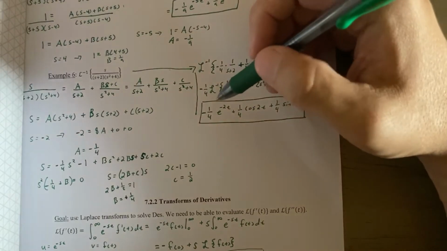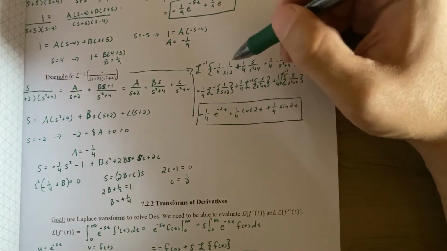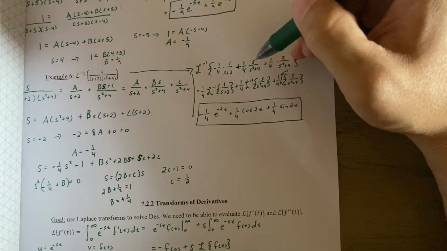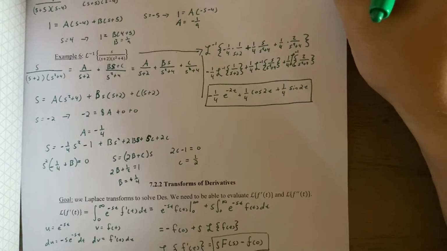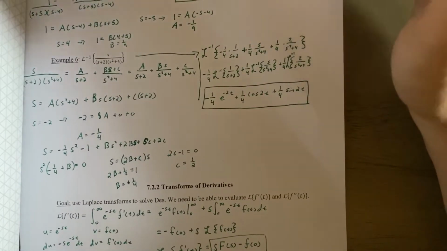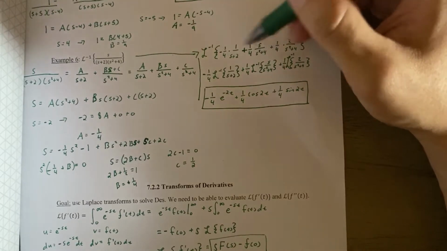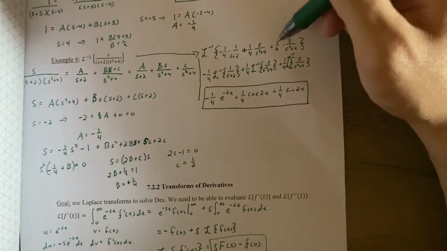And so I'm going to have negative 1/4 times 1 over S plus 2. My B is 1/4, so multiply that by S over S squared plus 4, because it was BS, so there's the S, and then C on top, so it's going to be 1.